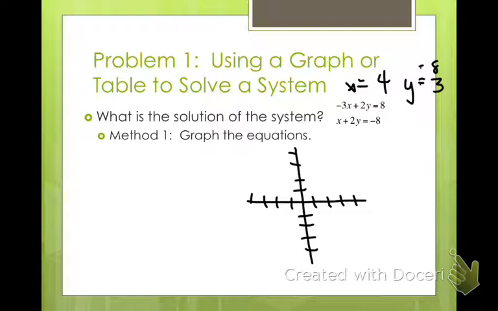I'm going to go ahead and graph these. Y is 4. 8/3 is almost 3. I'm going to make a line there.